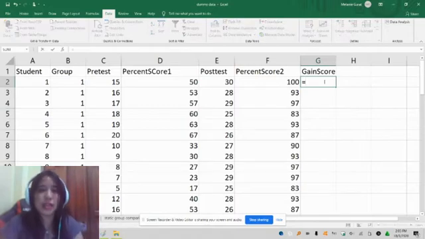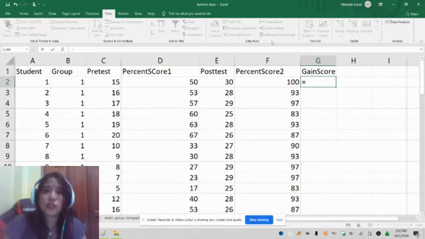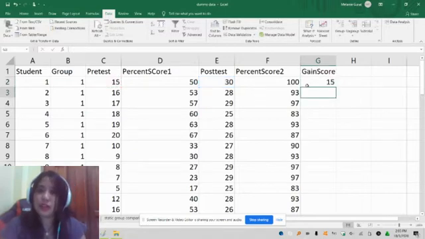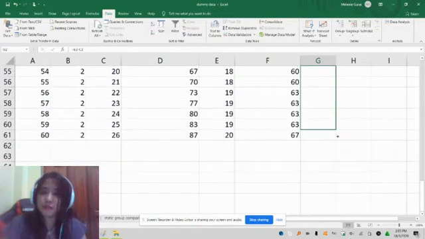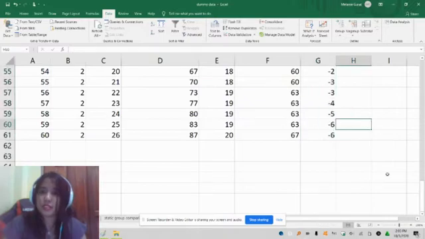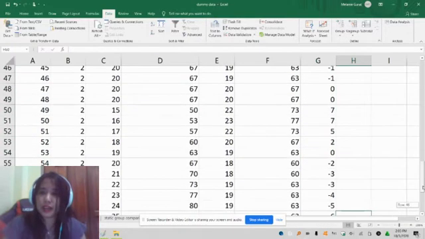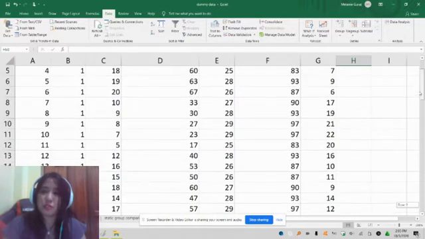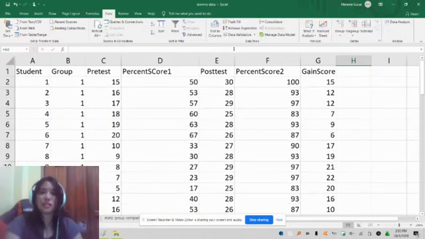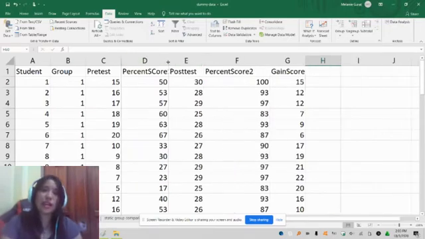So equal sign. Let's use the actual data. Post-test less our pre-test. And then drag it until the last. Okay, so some of them obtained a negative score, which means that the score in the post-test is lower than the pre-test. Okay, next. We now have our gain score.